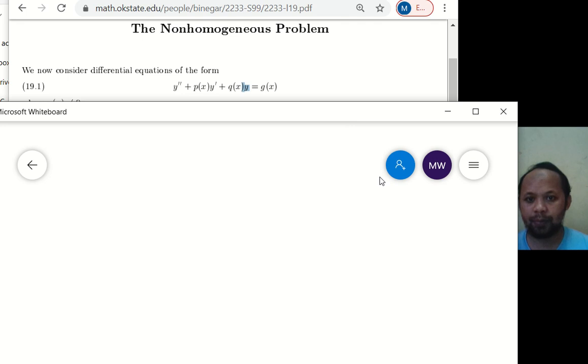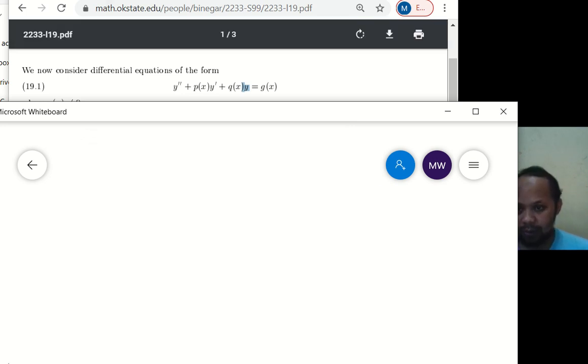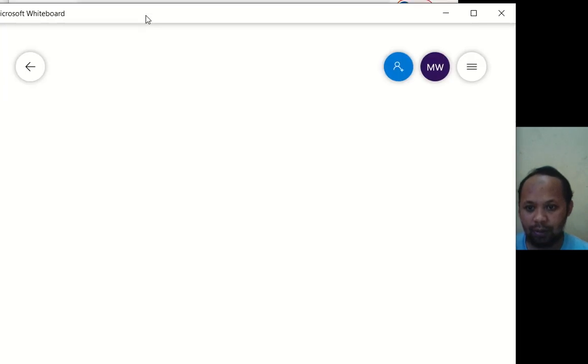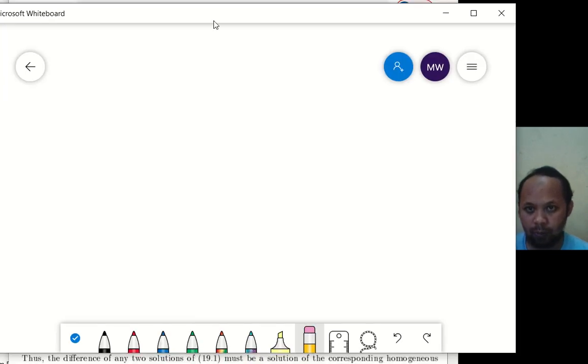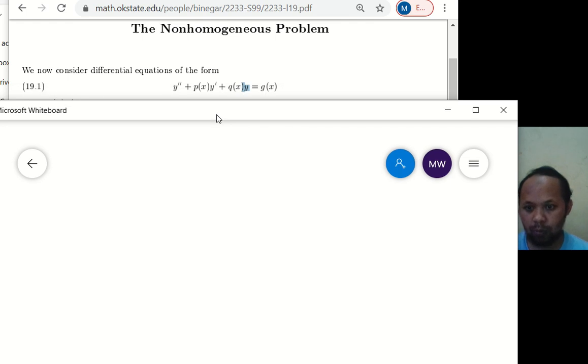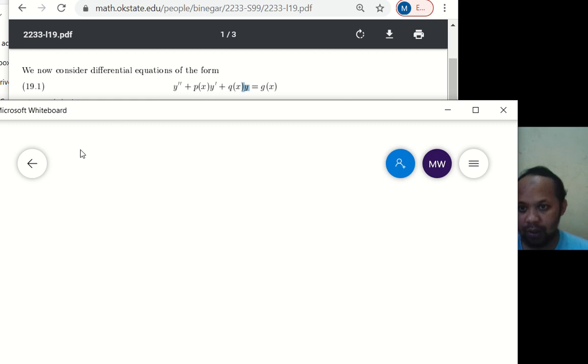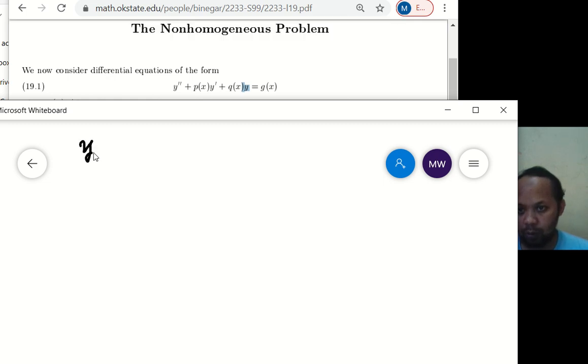First let me write an equation here, a second order equation, and a non-homogeneous equation as well. Here maybe we can use constant coefficients, it is also alright.